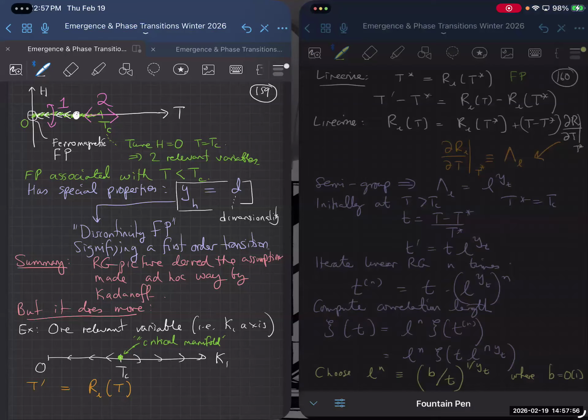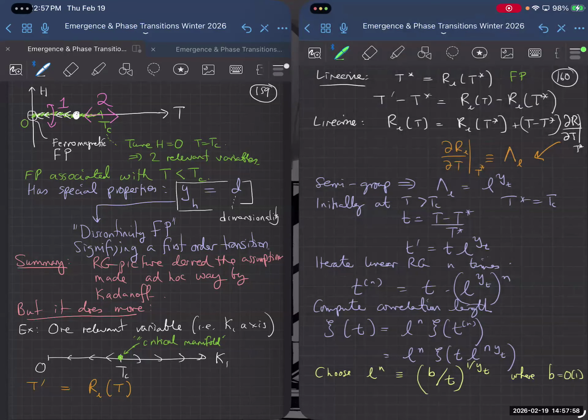And then what I've just learned from this is that psi of t is equal to b to the minus 1 times t to the power minus 1 over y sub t times the correlation length evaluated at little t equals b. And that's just a number of order unity, and this is true as t goes to 0.